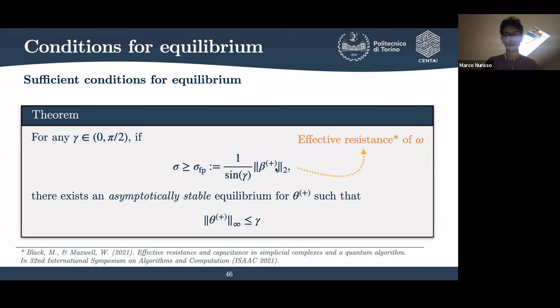And it depends both on the structure, so the adjacencies of the different simplices, but also the natural frequencies. So all the structural parameters are here. And if the coupling is able to go further, to be larger than this resistance, then you can actually achieve synchronization.